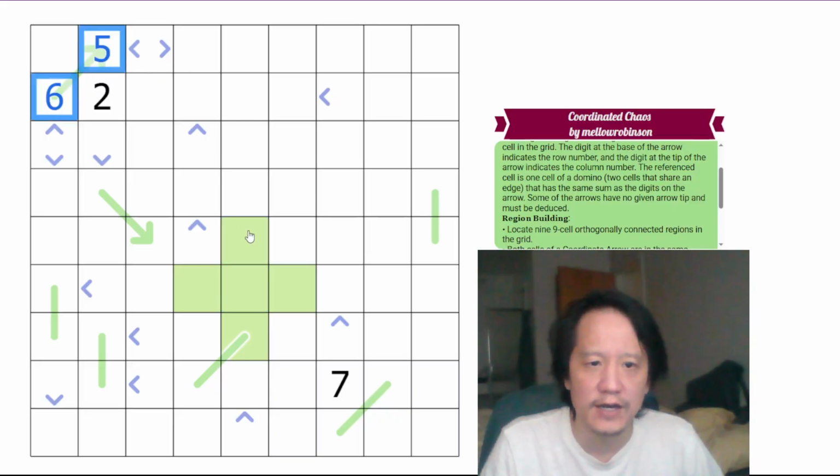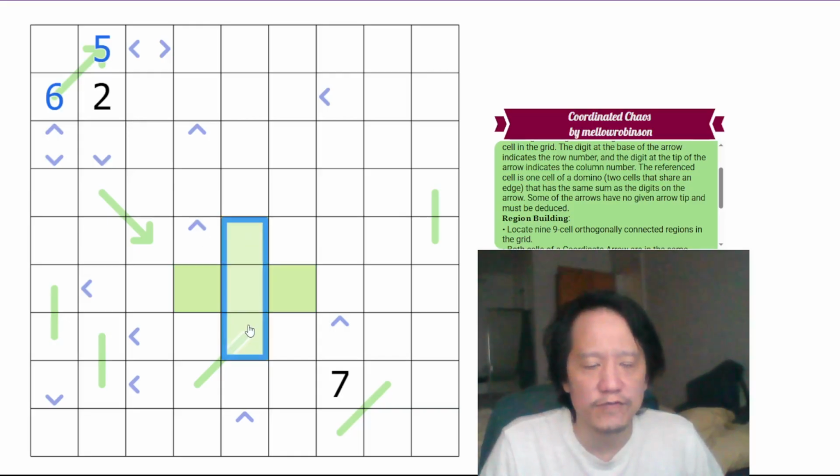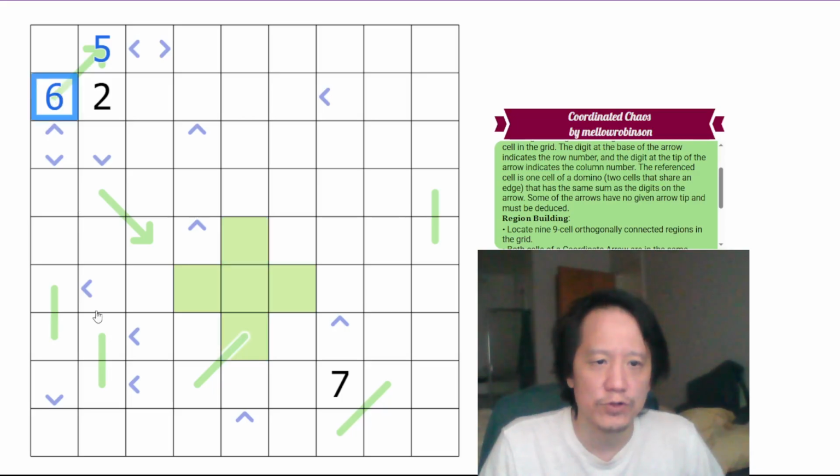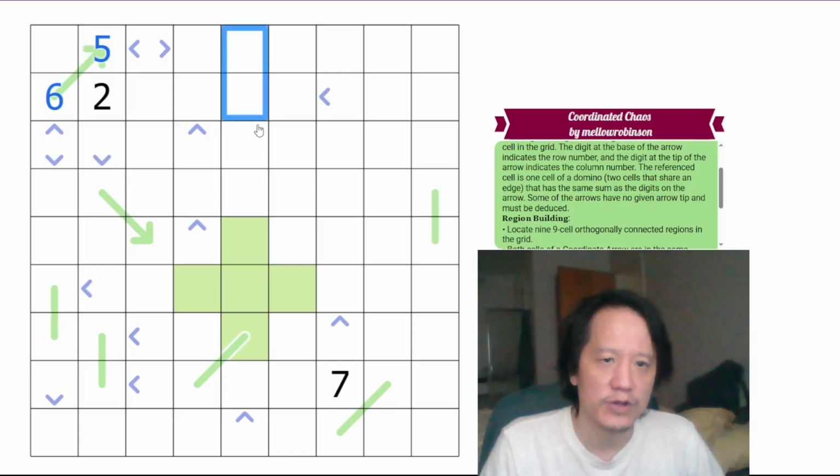So it would have to add up to 11. So that's an example of how the coordinate cells work. Again, the base of the arrow is the row number, so that would be 6. The tip of the arrow is the column number, and that would be 5.